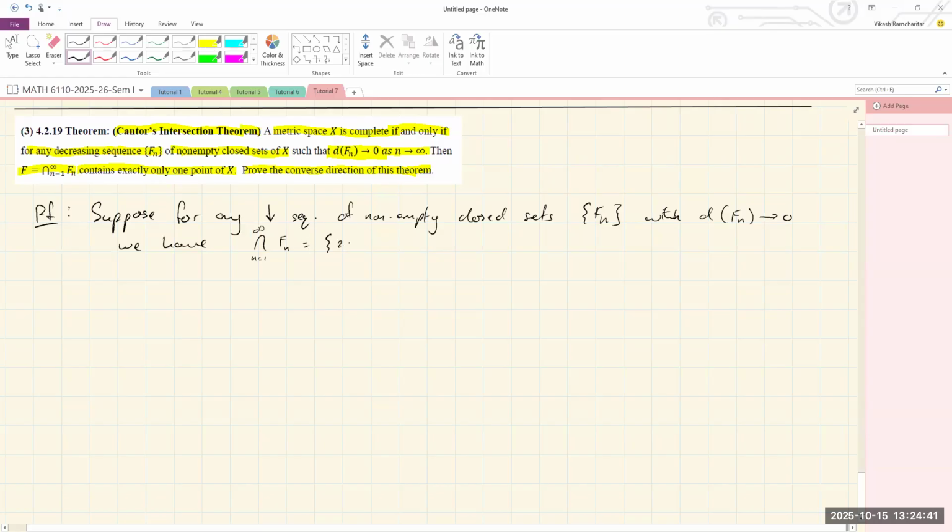Well, maybe let's not give it a name yet. We have this intersection contains only one point, right? Required to show that X is complete.